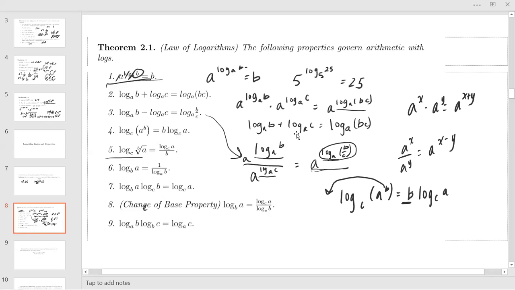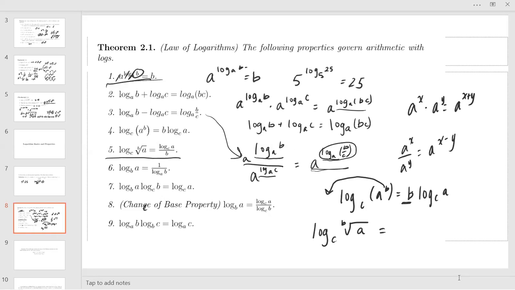Similarly, we have our fifth property as if we take the log of a root of a number, so the bth root of a, this is equal to the log of a base c. This follows from number 4, because if we were to substitute 1 over b here, we would get a 1 over b. And a to the 1 over b is just the bth root of a.